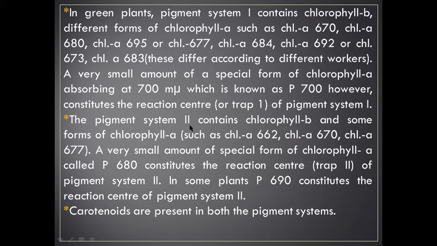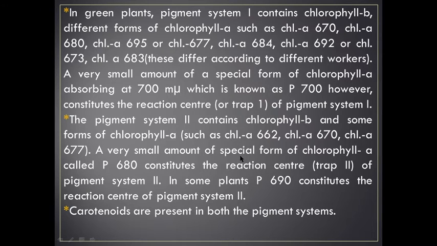The pigment system second contains chlorophyll B and some forms of chlorophyll A, such as chlorophyll A 662, chlorophyll A 670, chlorophyll A 677 nanometer of light.